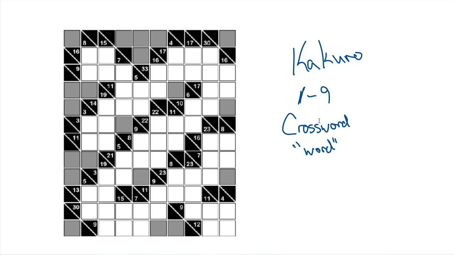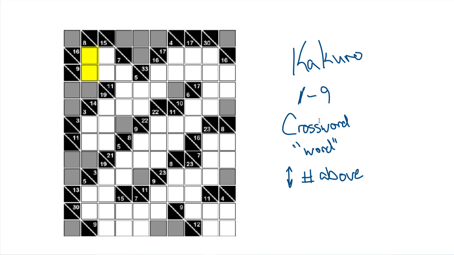One more thing when you're solving these: the words that you would think of, and again I'm using words in quotation, as going up and down, you're going to look at the number above. So when I'm talking about this area right here, what we would call like 1 down if it were a crossword, we're looking at these two boxes needing to add up to 8.